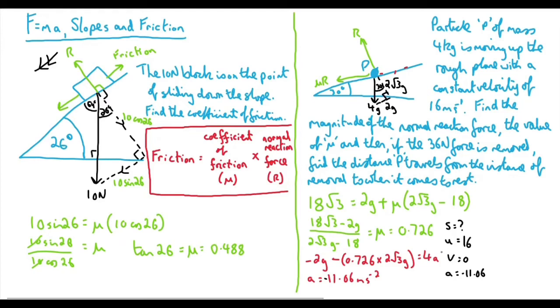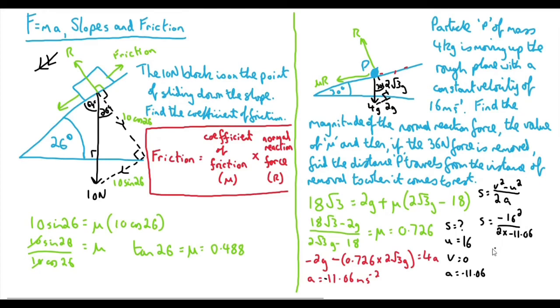From here, we can use the equation v squared equals u squared plus 2as, just rearranged. So S is going to be v squared minus u squared over 2a. So 0 squared doesn't make a difference, so just minus 16 squared over 2 times minus 11.06.